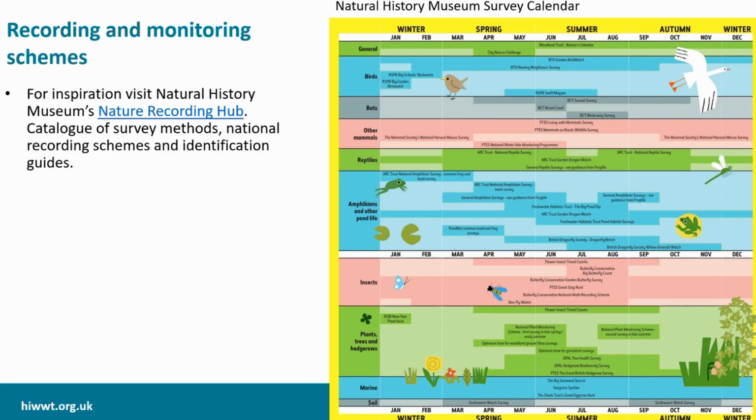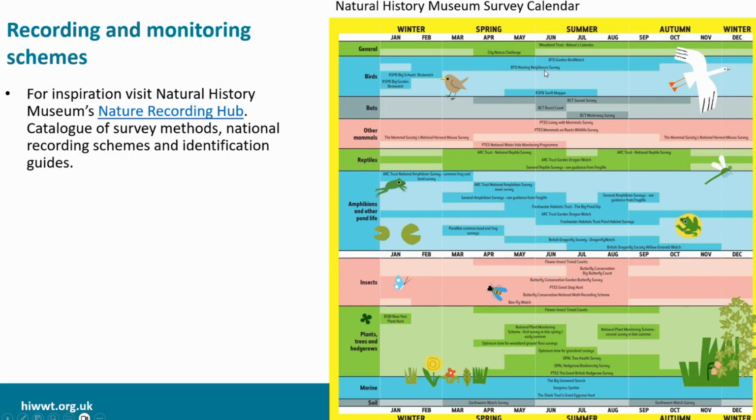And I really like this survey calendar that you can see on the screen there, which has got lots of different recording and monitoring schemes through the year as well, which is really useful to see. So birds, for example, at the top here, you can see the BTO's Garden Birdwatch scheme, which runs right through the year, but it also highlights the Big Garden Birdwatch, which takes place in January, and similar for the other species groups.